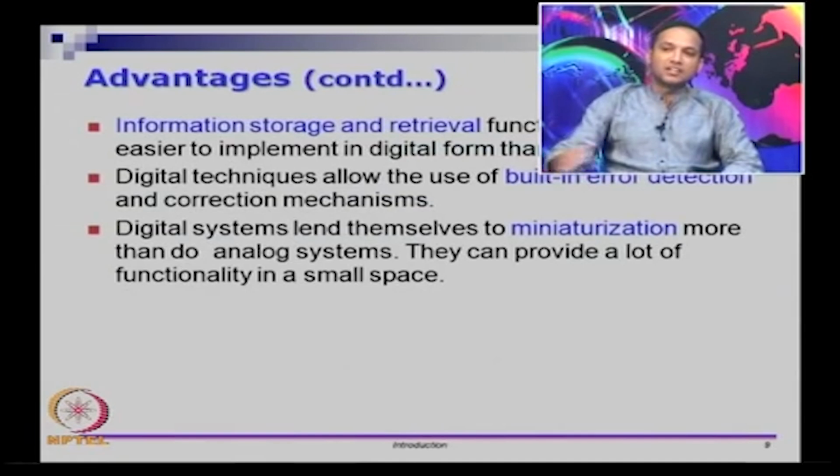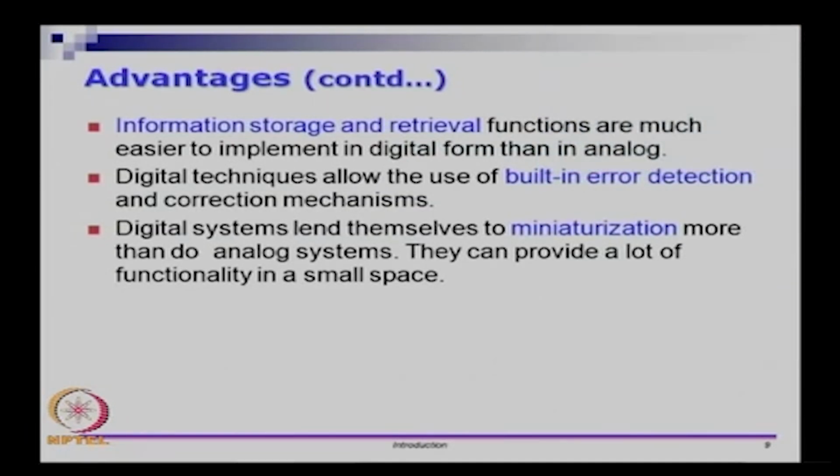You might have seen that over time an old radio may start behaving in a different way, or even cassettes, if you play them over and over, they start decaying and so on. So some of these aging and other things are problems with analog circuits, whereas with digital circuits you do not usually have a problem like that.